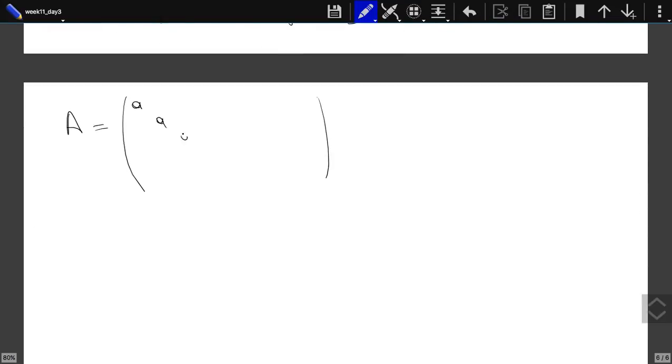I have, let's say, A on the diagonals, B just above the diagonal, and B just below the diagonal, and 0 everywhere else. Now, what is the determinant of this one? And remember, this is an n minus 1 by n minus 1 matrix.